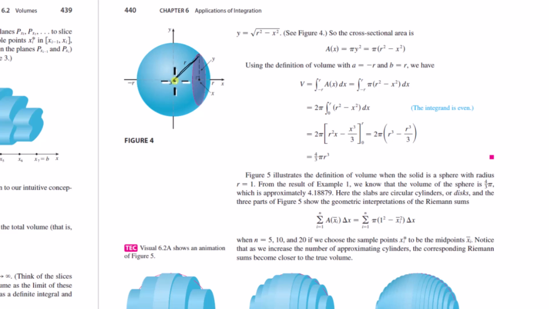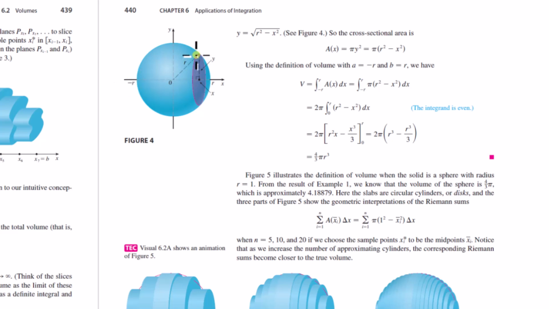So by the Pythagorean theorem, you can get the radius y is the square root of r squared minus x squared. With that, you do pi times y squared, and there's your A of x. This works for any x from minus r to r.